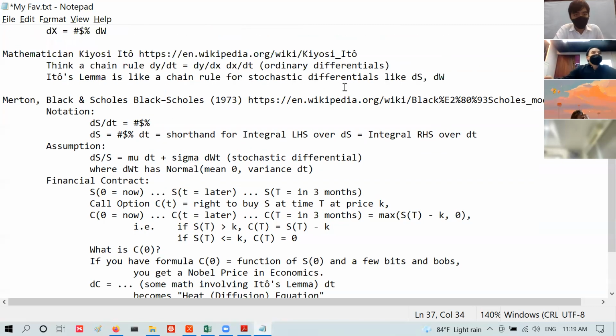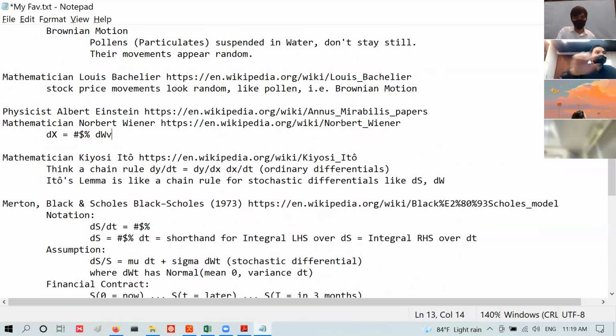By the way, this is called stochastic differential equation. SDE as opposed to PDE. All right? Mathematician in Japan just figured out a chain rule for something that has both dynamic calculus and randomness, Brownian.